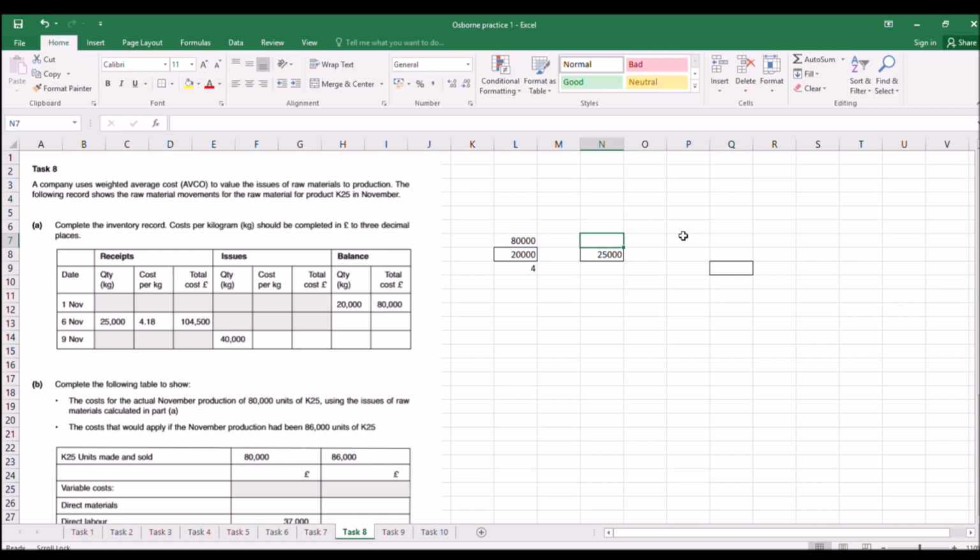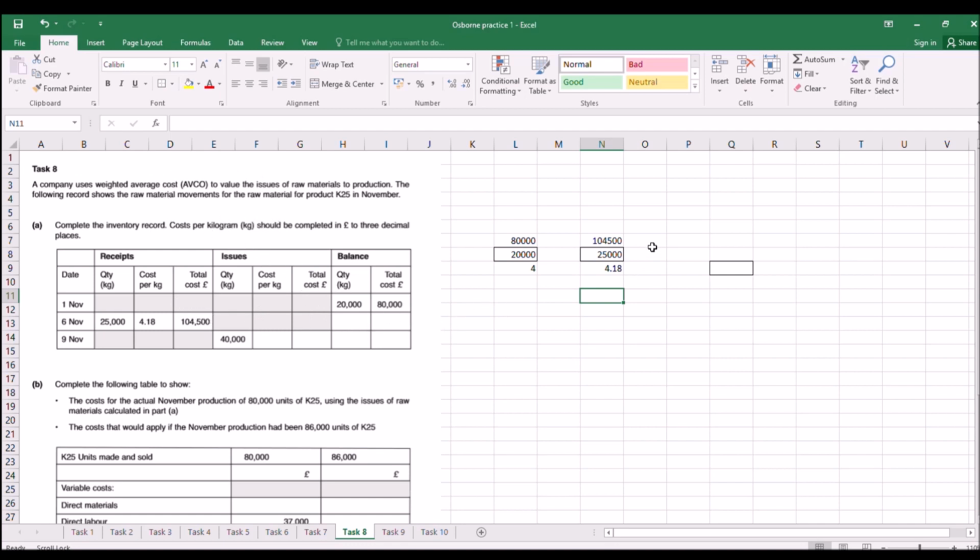Well, we got 25,000 in terms of our items, and that was 104,500. And we'll do the price per item. Price per item, £4.18.